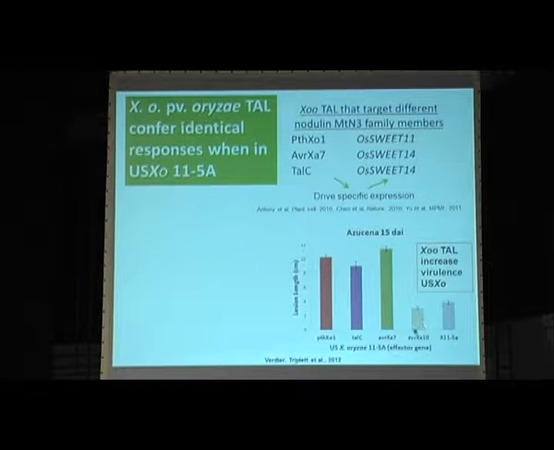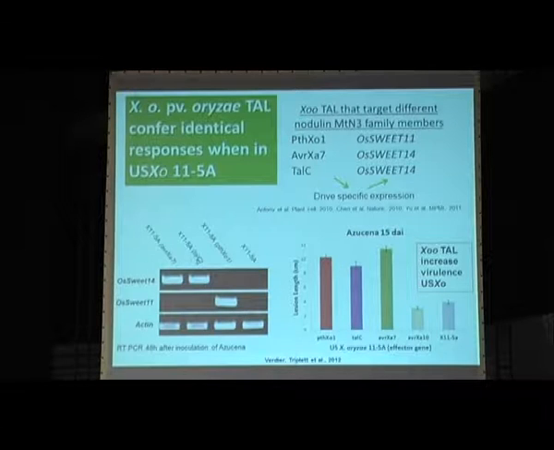If they did not have an effect on virulence in the original host, they did not increase virulence in the U.S. strain. And in fact, they induced their targets, their OsSWEET targets, so they induced the susceptibility genes as was expected.